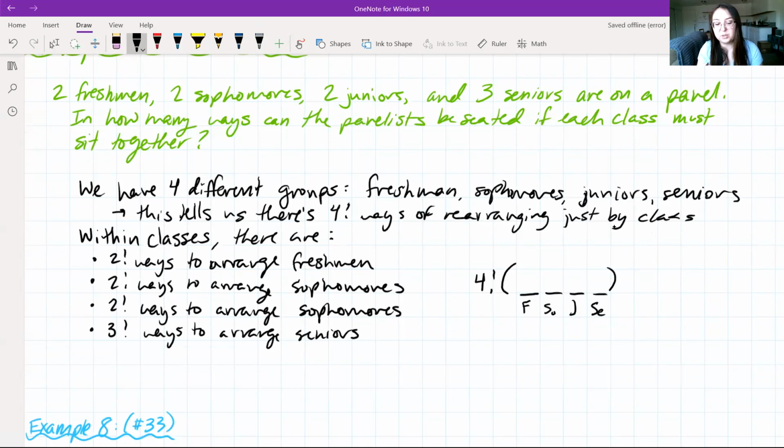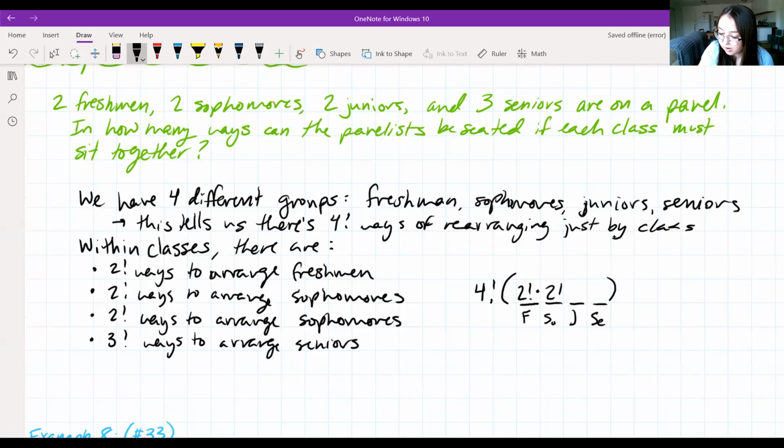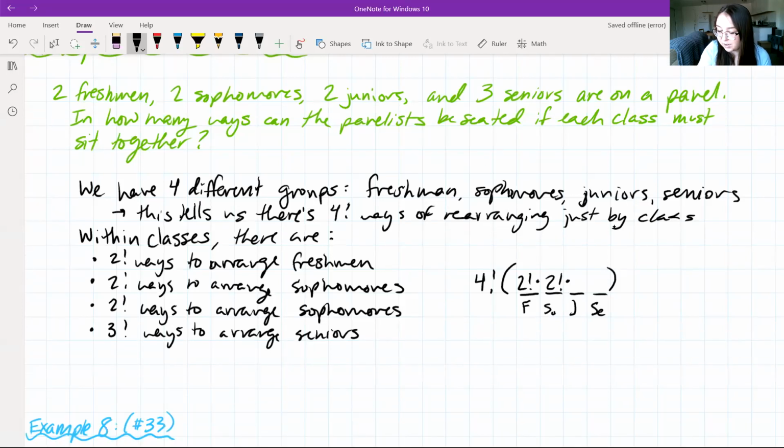And we know there's 2 factorial ways to arrange freshmen, 2 factorial ways to arrange sophomores, 2 factorial ways to arrange juniors, and 3 factorial ways to arrange our seniors. So we see that we have every option and the way that they can arrange themselves, but then we have our 4 factorial, which is the ways that they can rearrange by class.